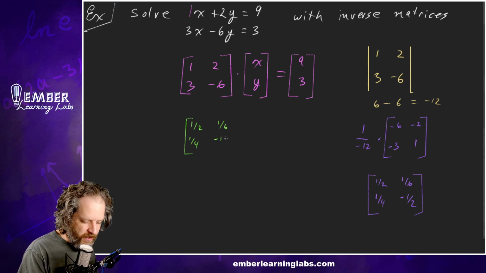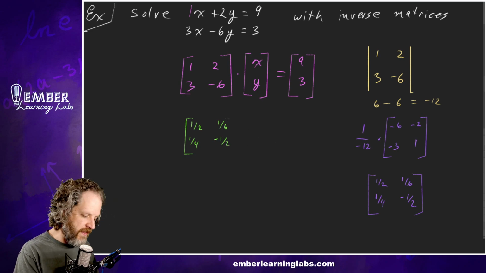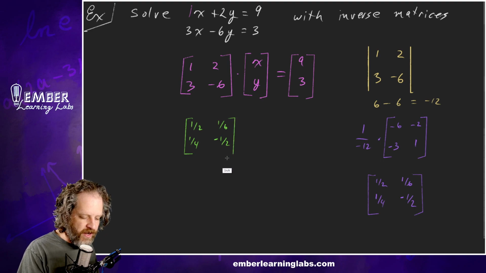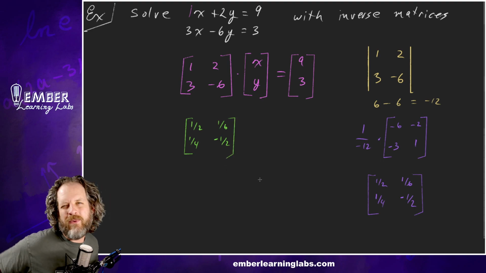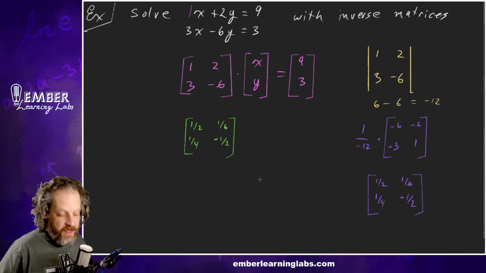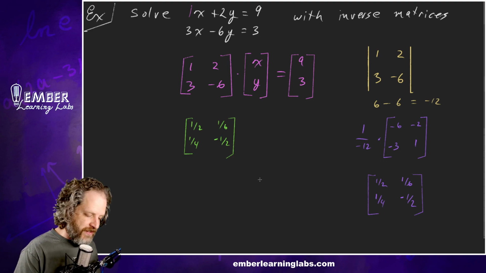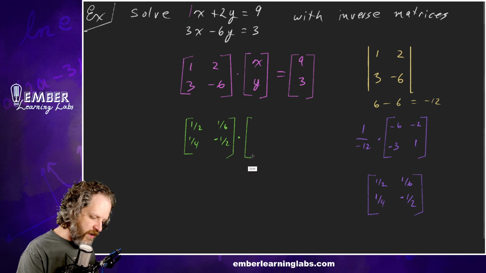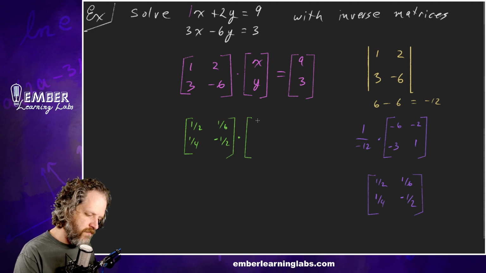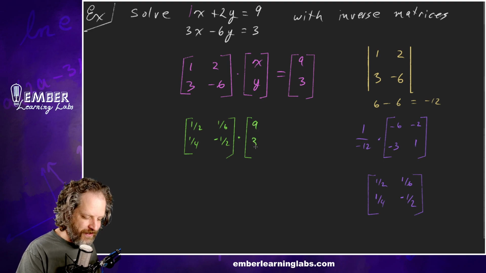It's not trying to figure out which one we're going to multiply or what we're going to solve for. No, this is how to do it, every time. So we multiply that times the 2-by-1 matrix 9, 3.